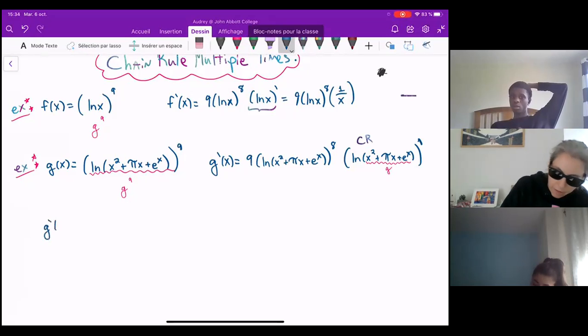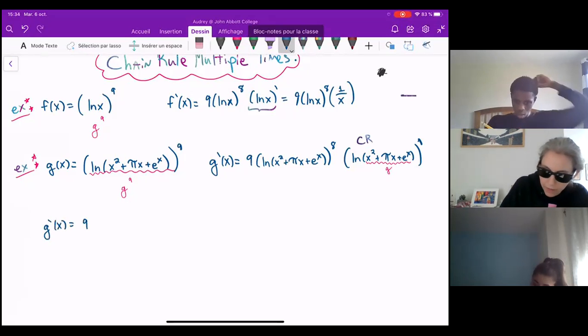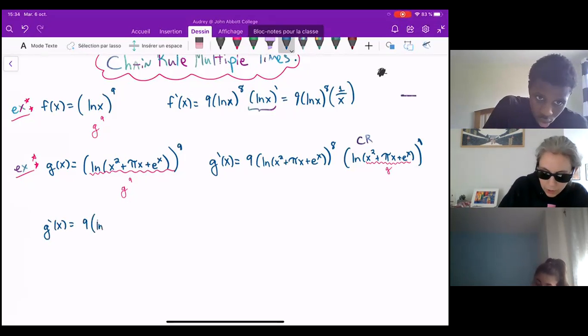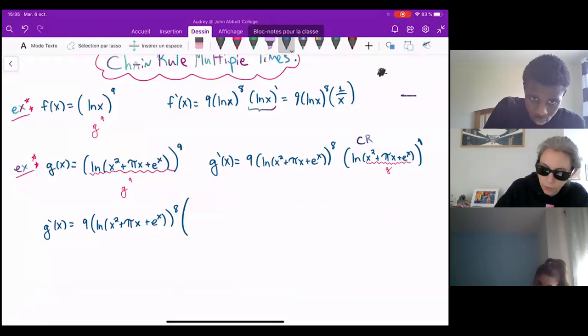So then g prime of x, I don't touch all of that original stuff that's not being primed. So it's ln of x squared plus pi x plus e to the x, all to the 8, only now I'm applying my chain rule.